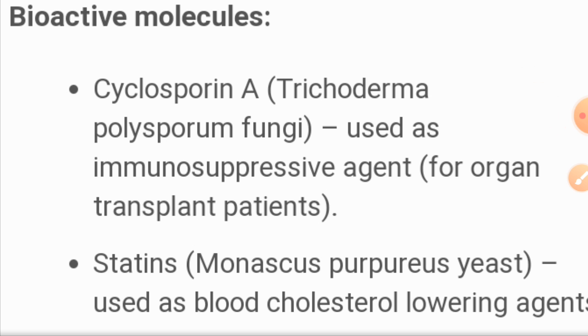If we talk about cyclosporin A, it is a bioactive molecule called cyclosporin A, and statins. So how can this cyclosporin A be obtained? Cyclosporin A can be obtained with the help of a fungus that is called Trichoderma polysporum.